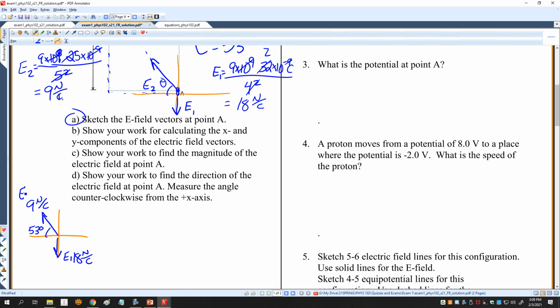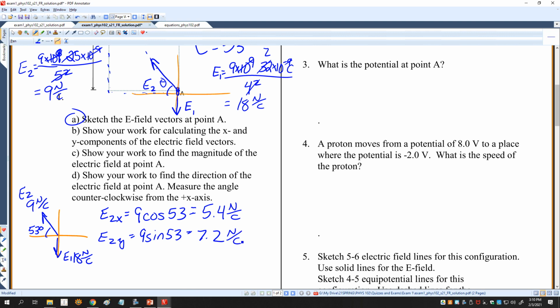See, this was E2. E2x is going to be 9 cosine of 53. E2y will equal 9 sine of 53. That's 5.4. And that's 7.2.